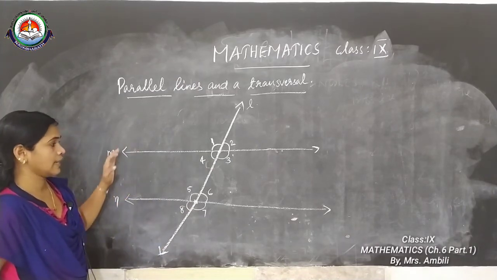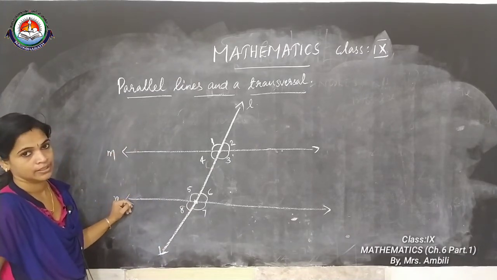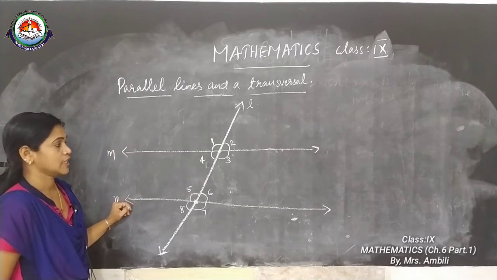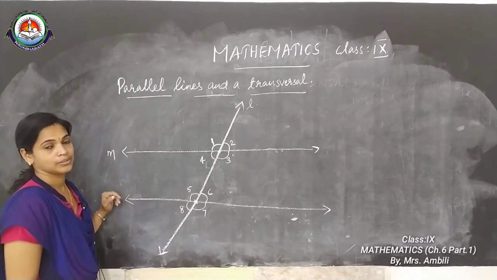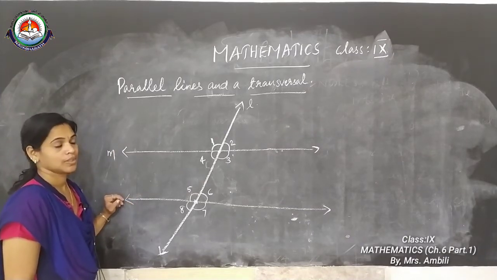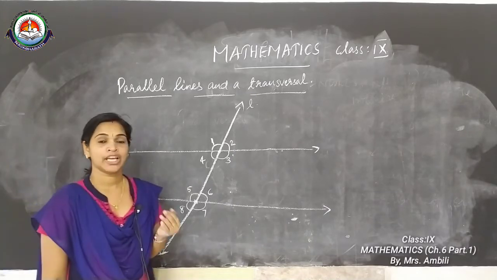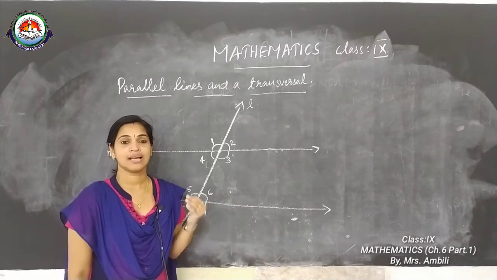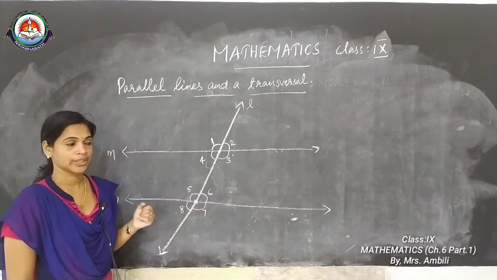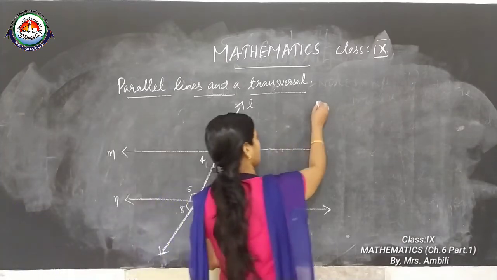If the two lines are parallel, our corresponding angles are equal. If these two lines are parallel, each pair of corresponding angles are equal. Okay, that is our axiom.